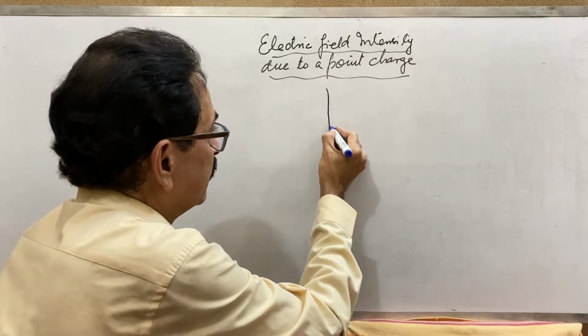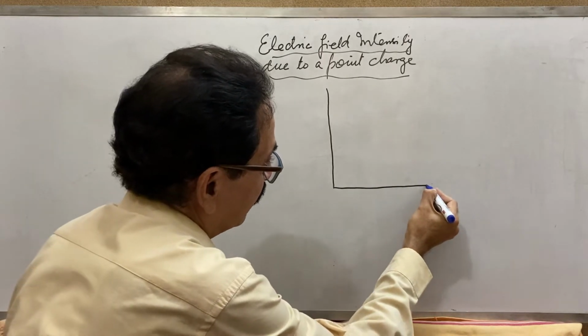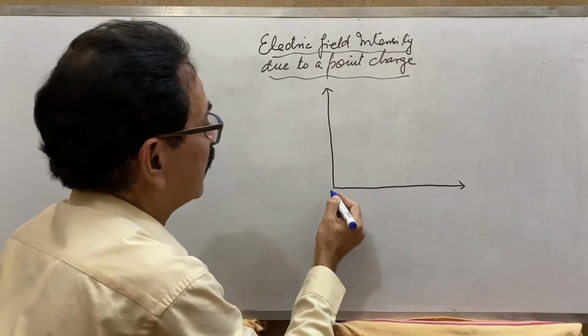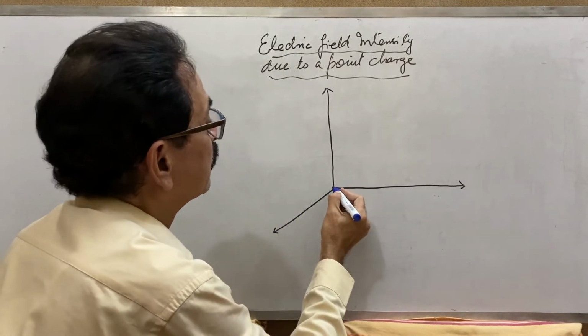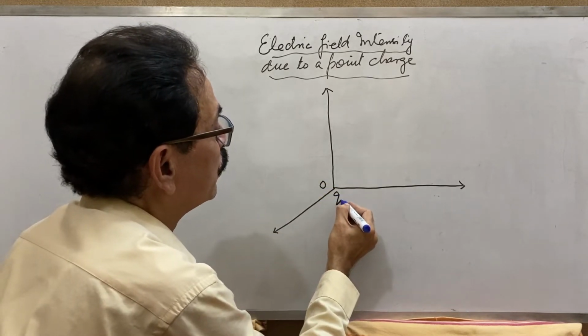Suppose here is a frame of reference. These are the three axes. At this point O, which is the origin, a charge Q lies.